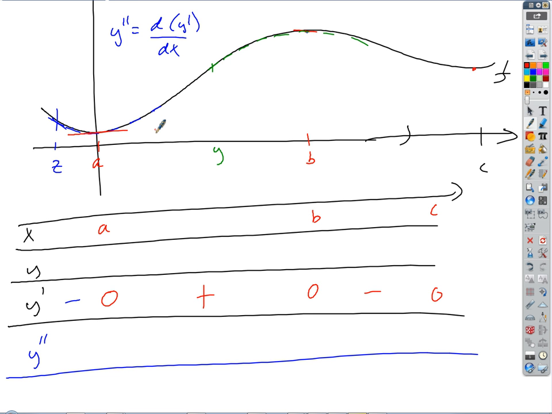So the second derivative here is definitely positive. Up here you told me that it's negative, so at B it's negative. So if you were to go from Z to B, would it just be nothing? Well, it's evidently going to change somewhere, isn't it? Because it was positive at A and negative at B.